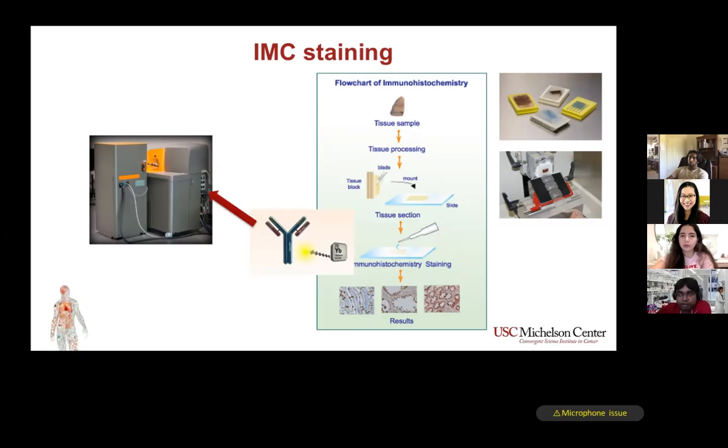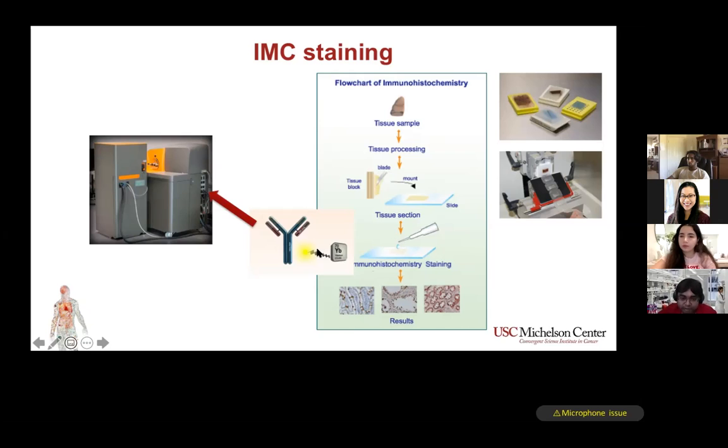These antibodies are conjugated with metal ions, lanthanide rare metal ions, which are not found in the human body. Once conjugated, you have a stock of those antibodies. You decide which antibodies you want to use for your study, and you make a mixture of them. You decide the concentration or dilution based on your assay, and then you use that cocktail of antibodies to stain the slide.